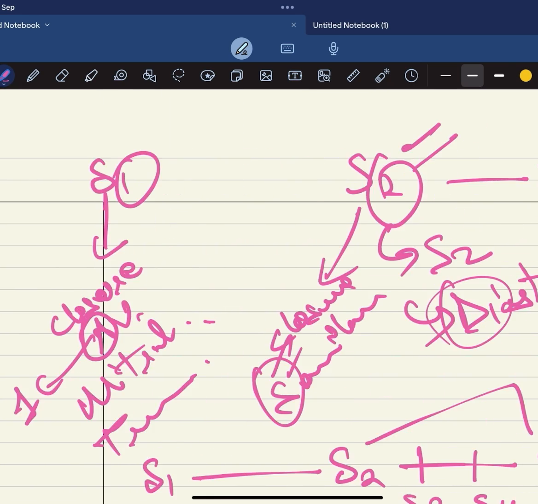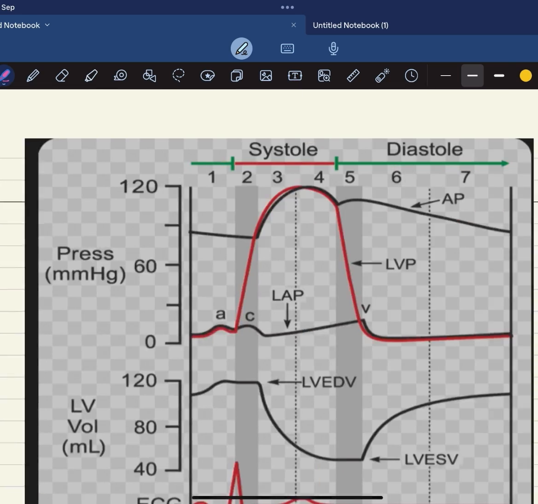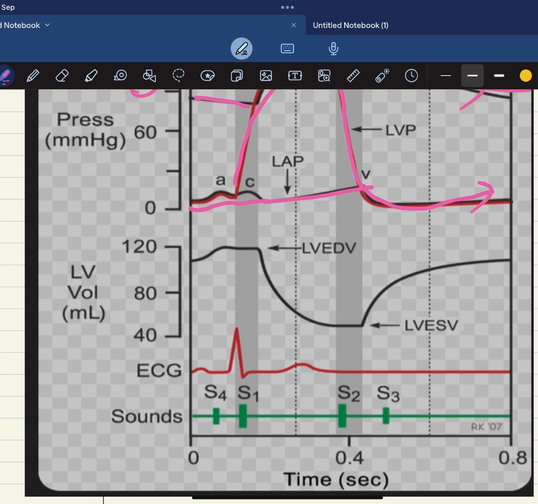Now what we have to see is, here also we can see the same, that the atrial pressure is the least, this black line, that could almost come to 0, and this is your aortic pressure, between 80 to 120, the highest pressure. This is the left ventricular pressure, which is fluctuating a lot. Then this is the left ventricular end diastolic volume, and this is the left ventricular end systolic volume.